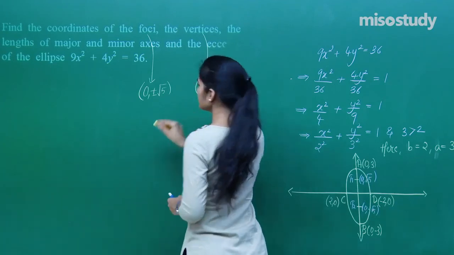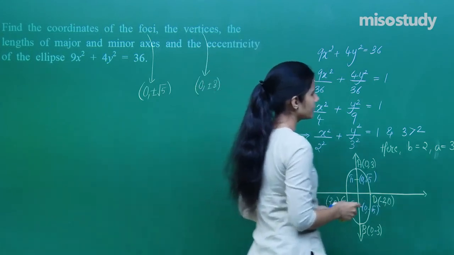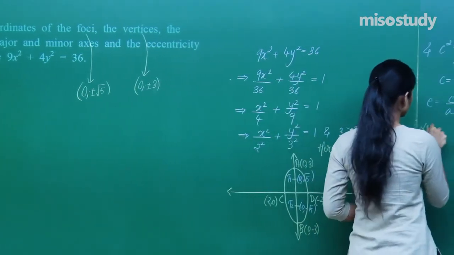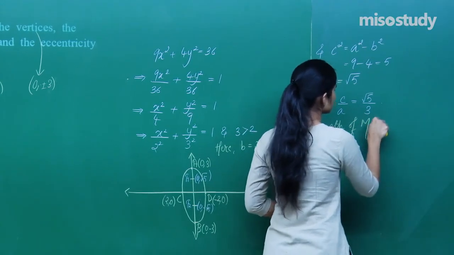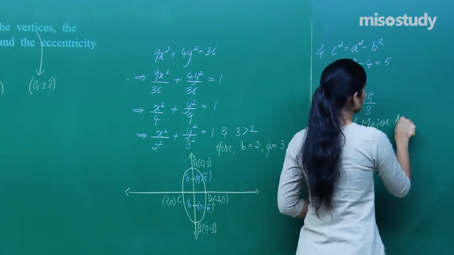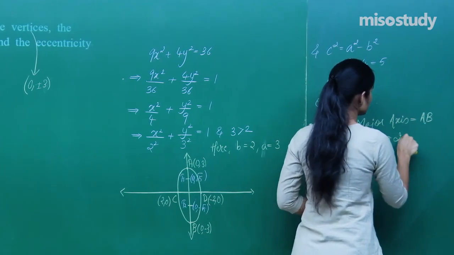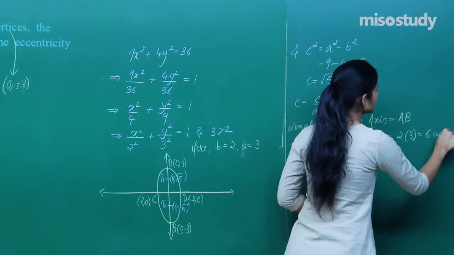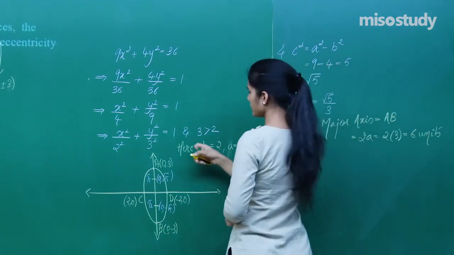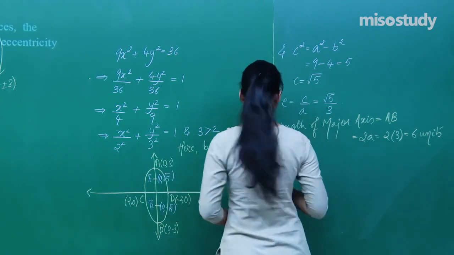length of the major and length of the minor axis. Let's calculate length of major axis, that is length of the segment AB, is 2A, that is 2 into 3, which is 6 units, right, because A is 3. 2A is the length of the major axis, 2B is the length of the minor axis.